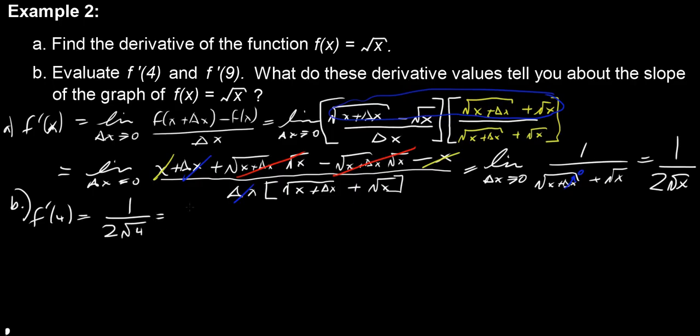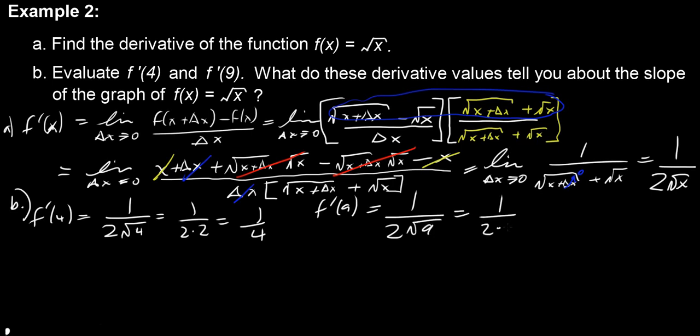The square root of 4 being 2, so that's 1 over 2 times 2, or 1/4, right? And f prime of 9, very similar. We would have 1 over 2 times the square root of 9. The square root of 9 is 3, so we would have 1 over 2 times 3, or 1/6.